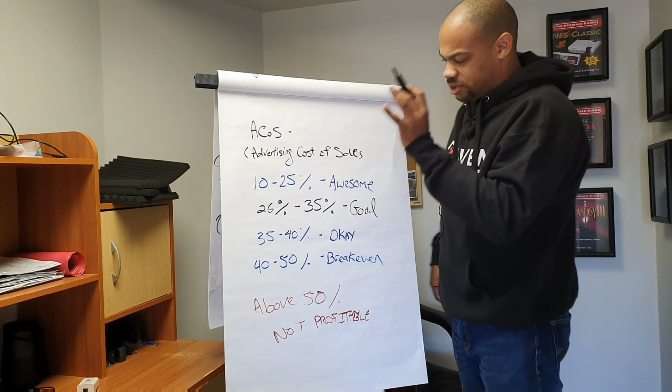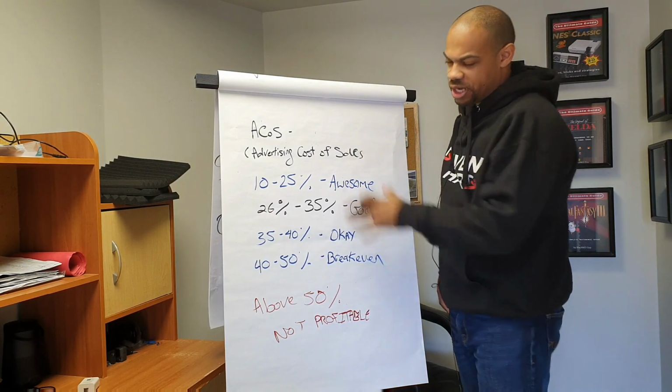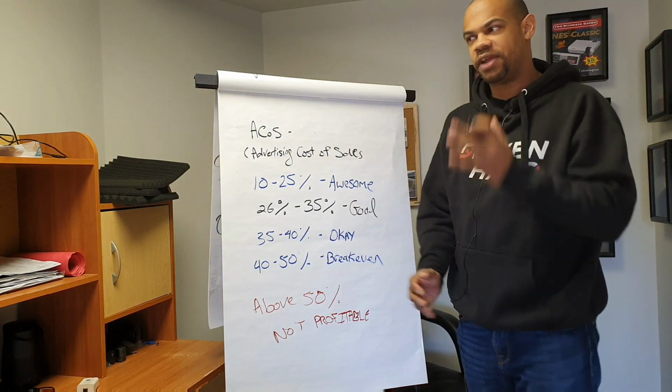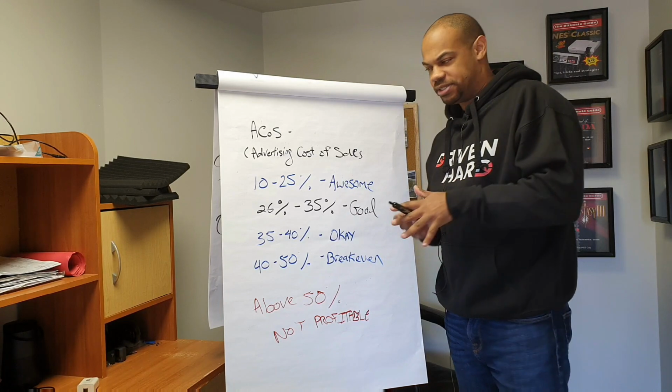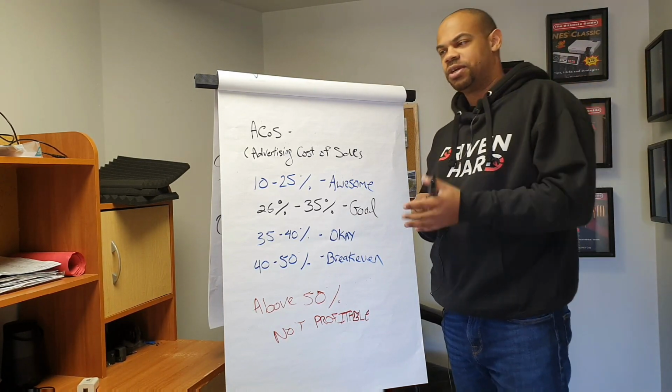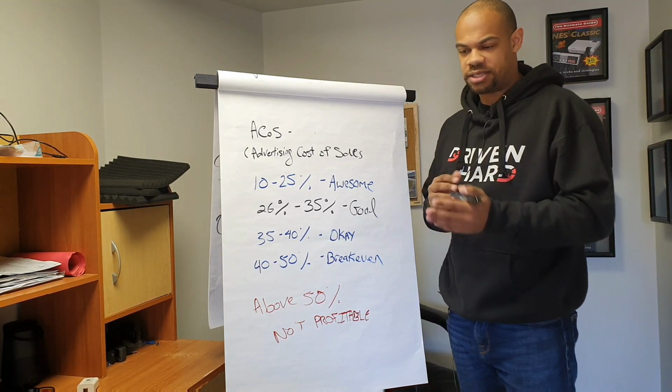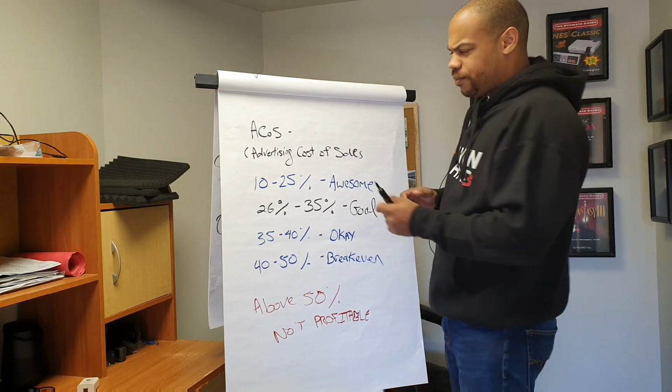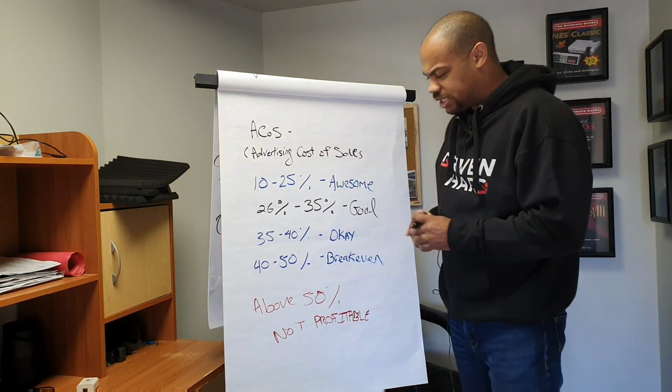So here's your ACoS, and I broke it down in percentage. So once again, you can look at your ads right now and say, hey, okay, I'm at this percentage, or I'm at this percentage, good, bad, whatever the case is. So yeah. Okay, so 10 to 25%, awesome.